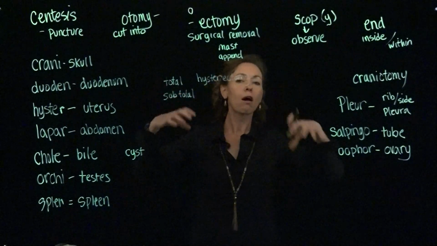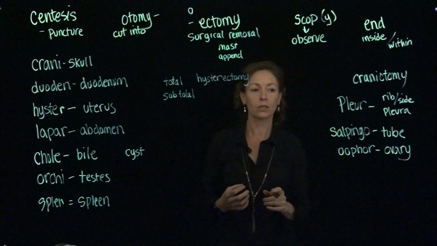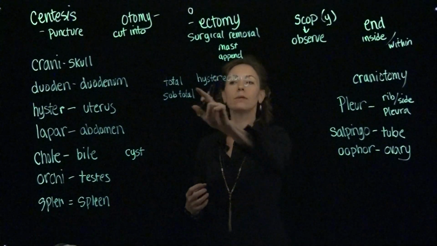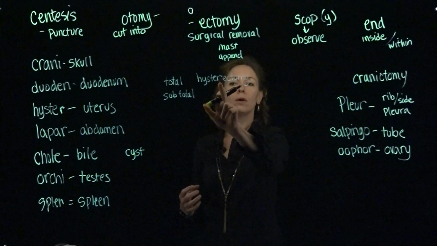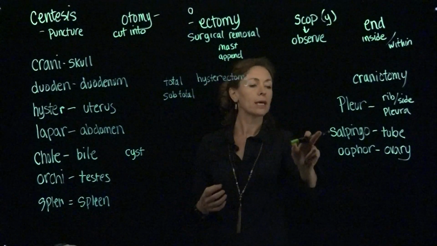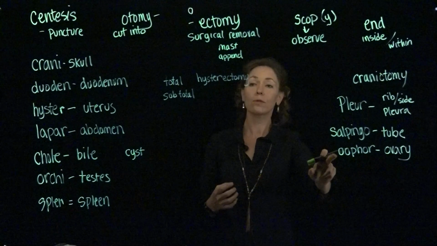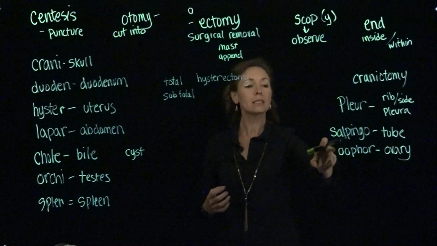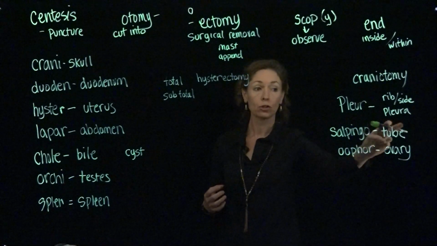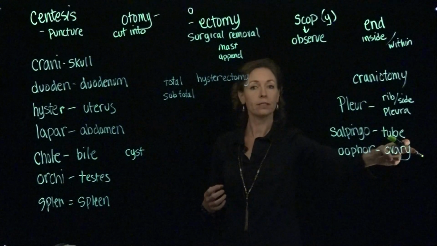They're having all the female organs removed. So really, it will say total hysterectomy, or it will say hysterectomy with salpingo-oophorectomy. And that means they took out the fallopian tubes and the ovaries.